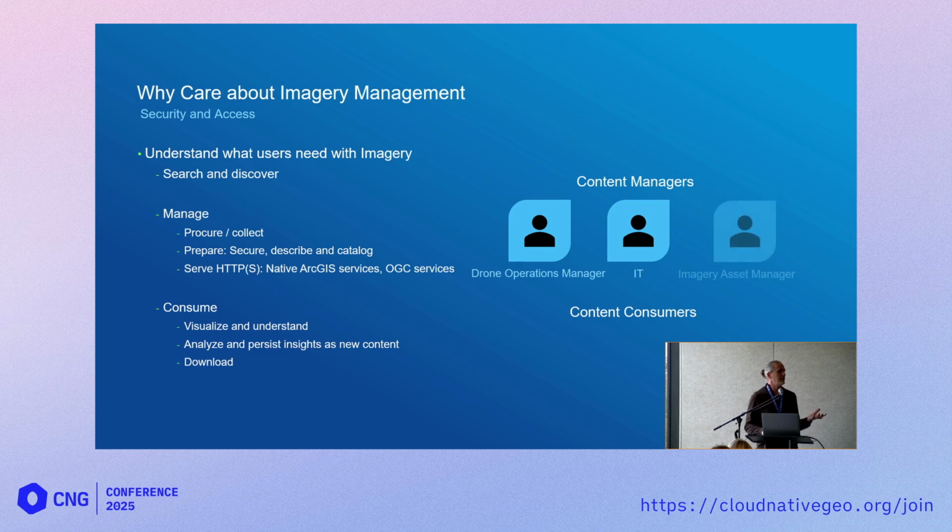You could be IT or an imagery asset manager, somebody that's procuring content and bringing it to the organization. So everybody's going to need to search and discover. And with the concept of management, sometimes it's a purchase or a collect or staging it up, just preparing it, ensuring that it's secured and described well and cataloged, and then serving it.